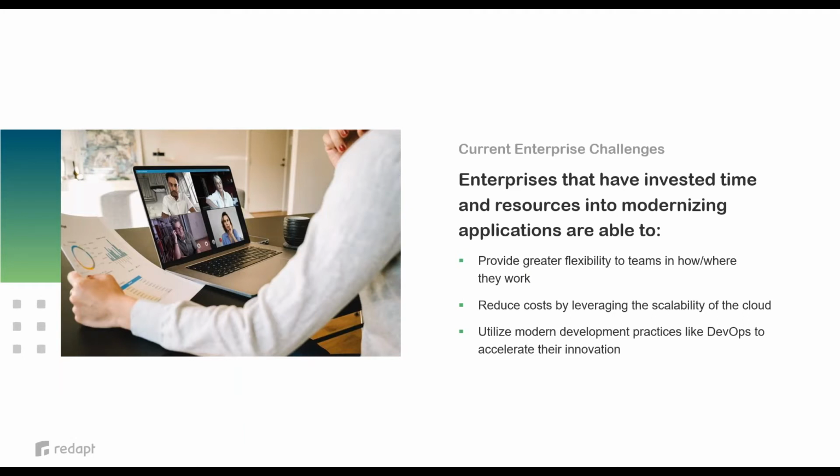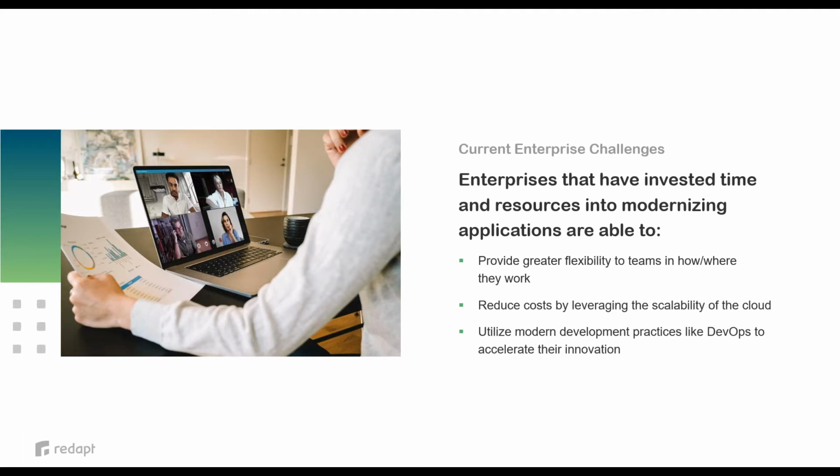The pandemic has made it very clear that providing greater flexibility to teams, no matter where they work from, is one of the important things that enterprises are focusing on right now. Again, going back to the three main things that we talked about: speed, agility, and cost.